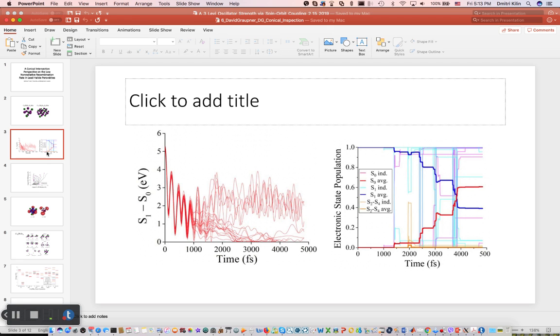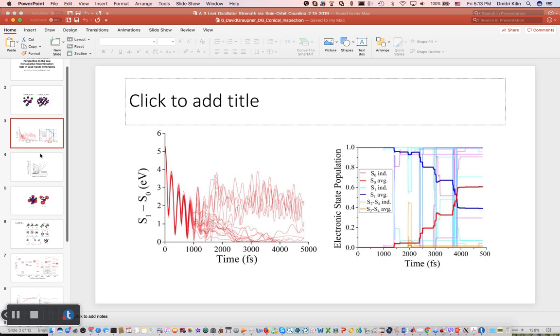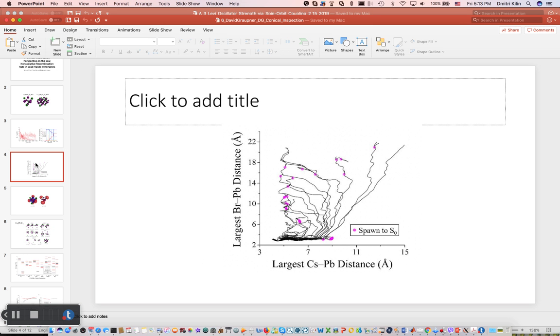This is the illustration. The pink dots here are the locations where more wave packets spawned. So they spawn on S0? Because it says spawn to S0. The lines start at the initial state and work down, and at these pink points are where the non-adiabatic factors come into play.